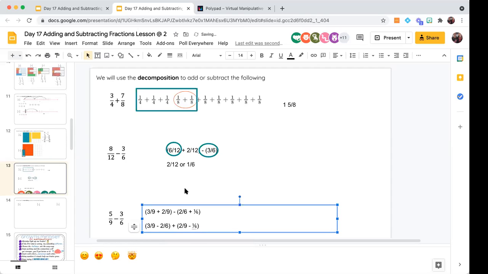We're going to have to come back to that in a second, but I know right now that my 3/9 minus 2/6, because they are both 1/3, look how clever we are here, creates a pair of zeros, so I don't even need to worry about them. I just have to look at 2/9 minus 1/6, which we can rename into fractions we know.